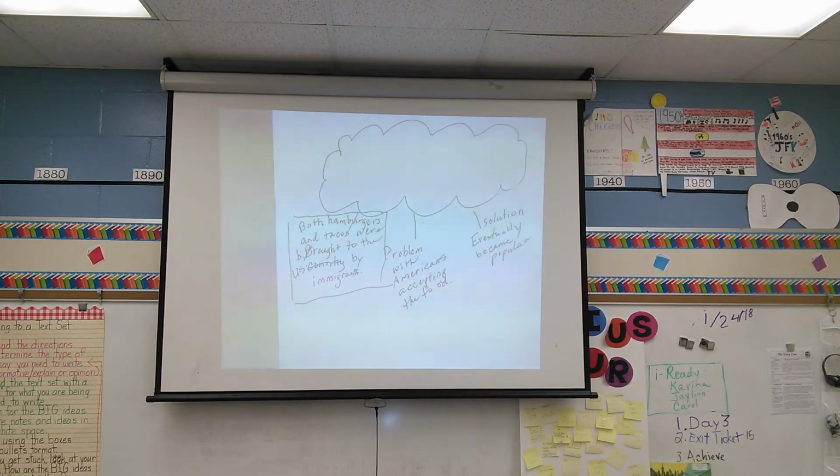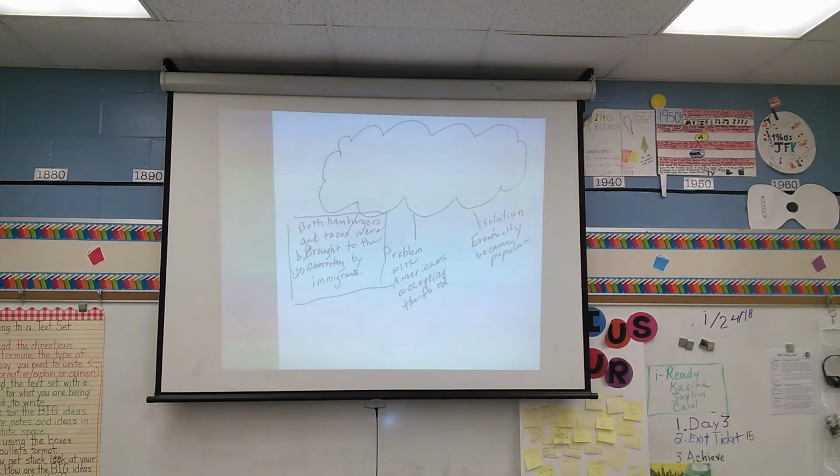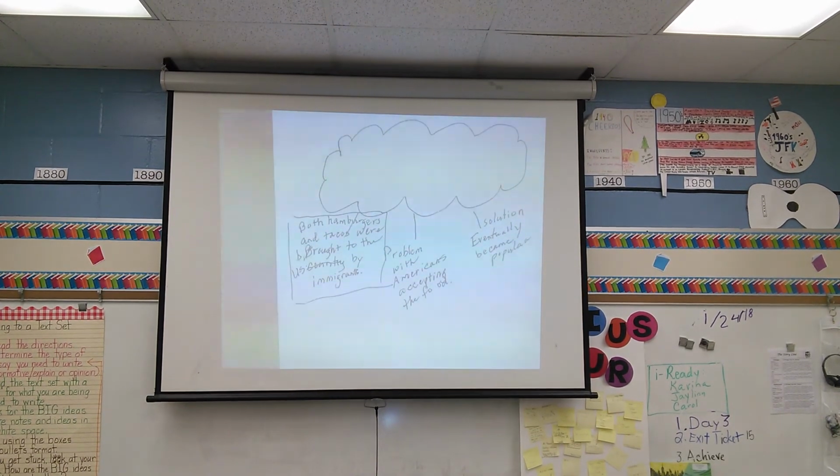Okay, so you could say both. What do we do with the other one? Okay, so do that same thing with the second one. What would you say? Write it in the air for me, then you can write it down on your paper. So you can say hamburgers and tacos both became popular to Americans.